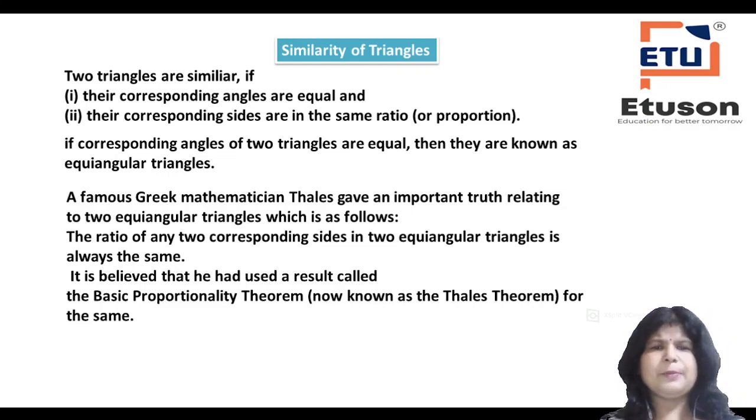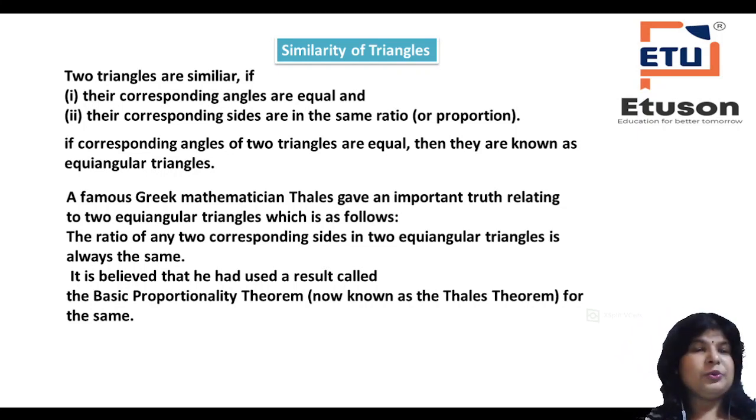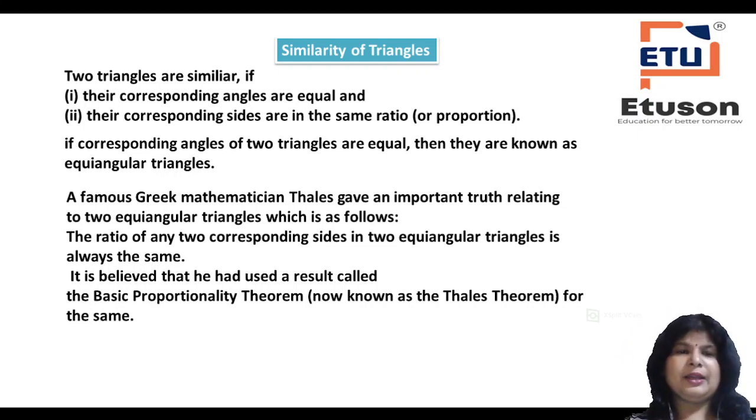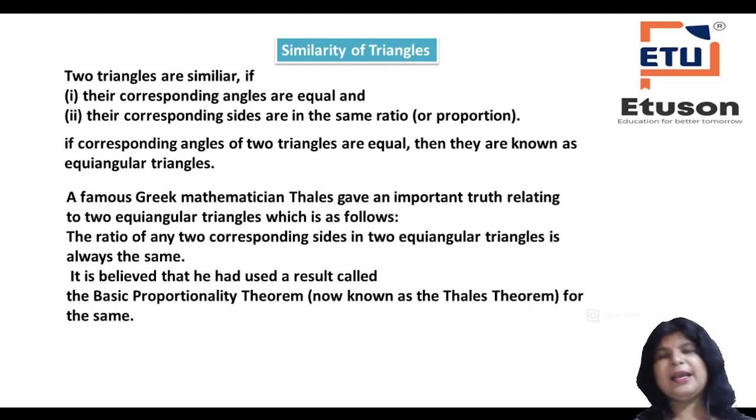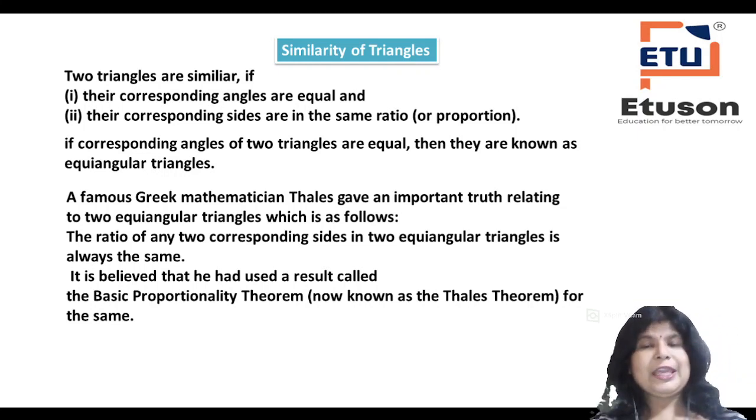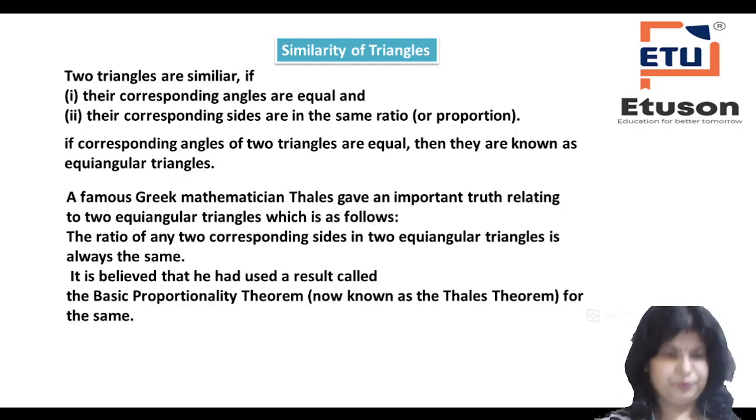A famous Greek mathematician Thales gave an important truth related to two equiangular triangles, which is as follows. The ratio of any two corresponding sides in two equiangular triangles is always the same.